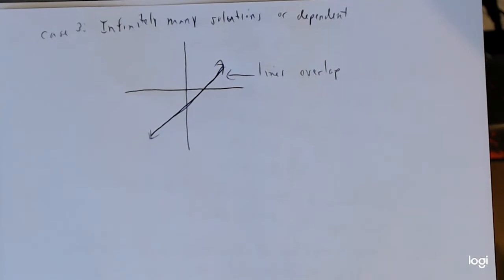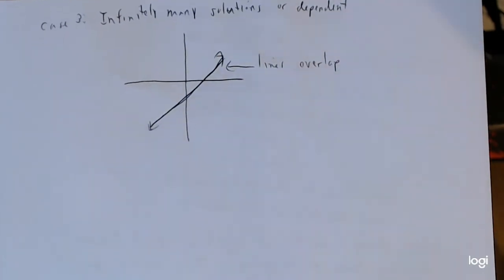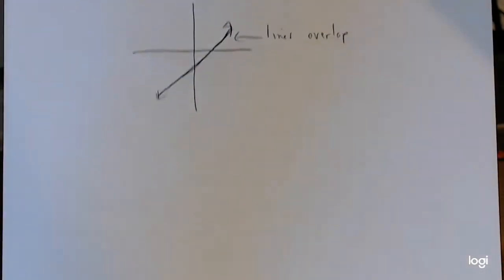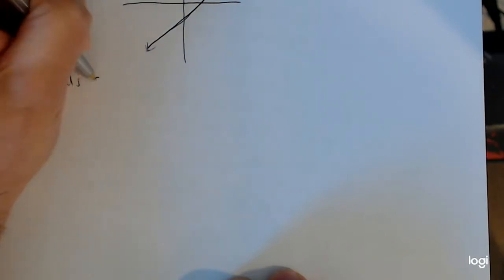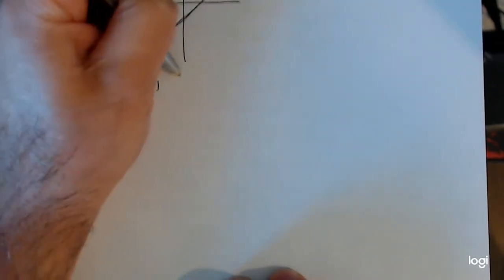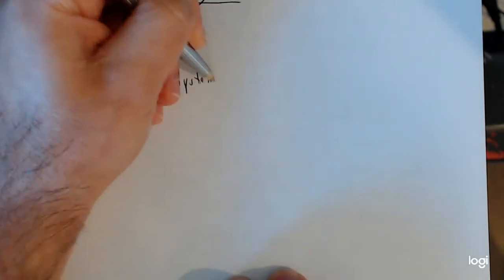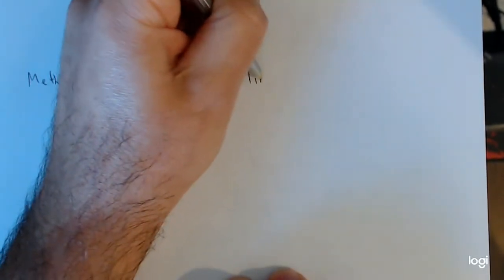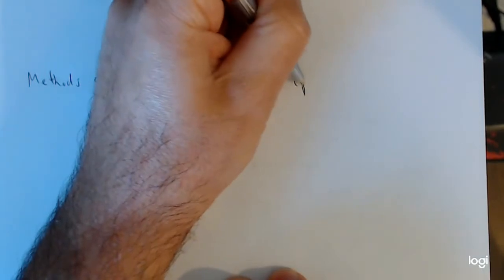So now let's talk about the different methods we're going to use to solve linear equations. There are two algebraic methods, which we'll talk about. So the methods of solving a system of linear equations.